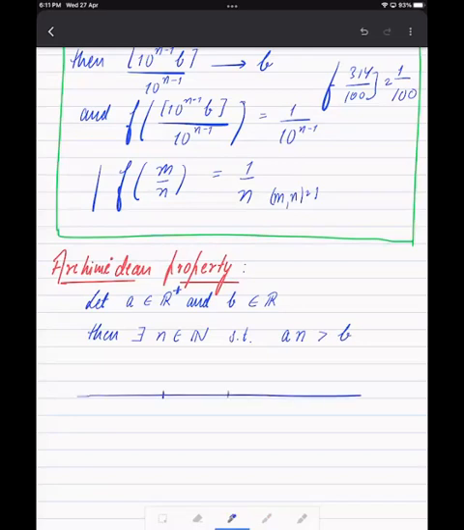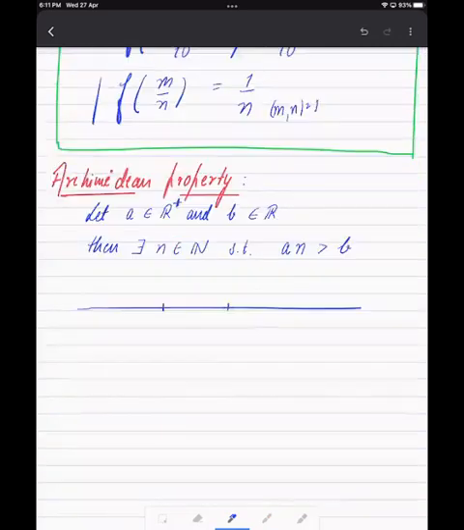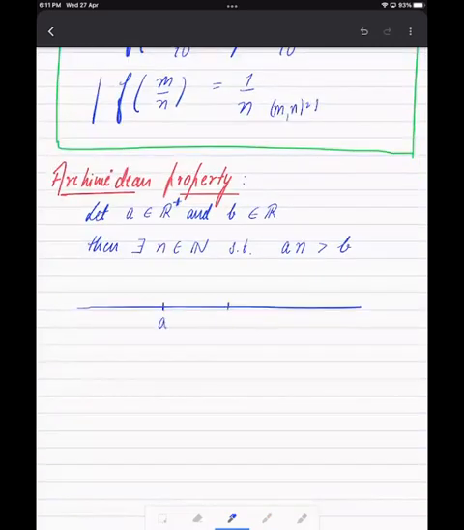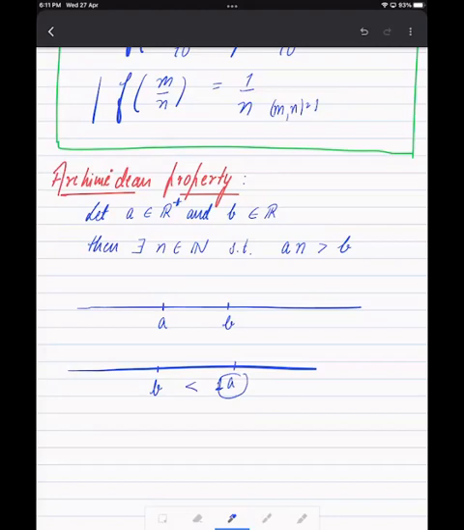See, there can be two cases right now. A is here, B is here. And the other one is A is on this side, B is on this side. If A is already on this side, I can just multiply it by 1, and this is greater than B. So I have found an n, and that is equal to 1.